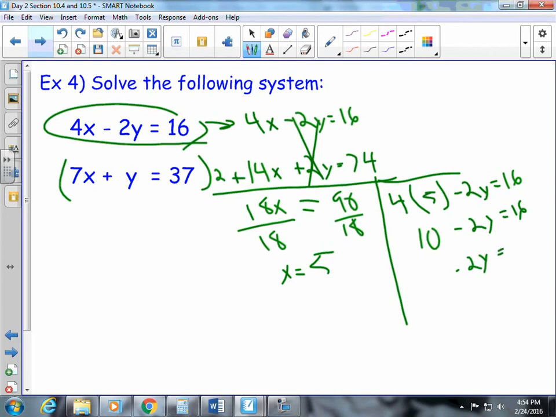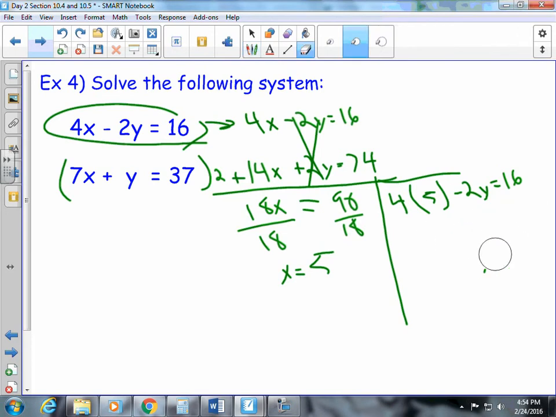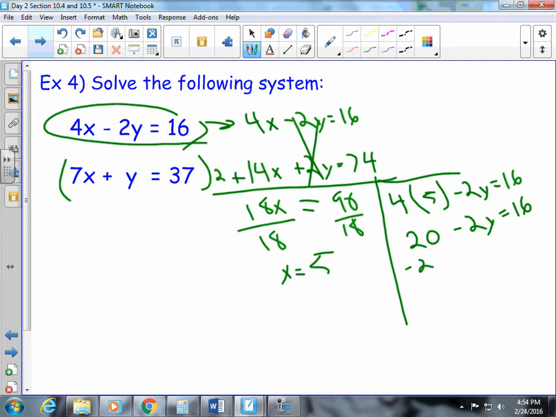So I get 4 times 5, which is 20, minus 2y is equal to 16. Subtract 20 from both sides, I get negative 2y is equal to negative 4, and y is now equal to 2. So my answer is 5, comma 2.